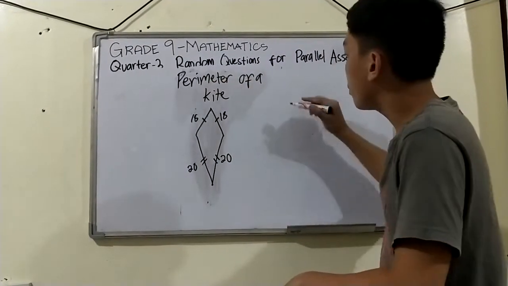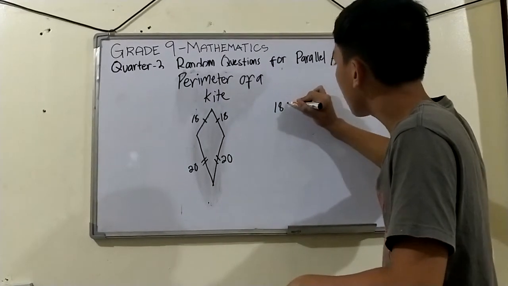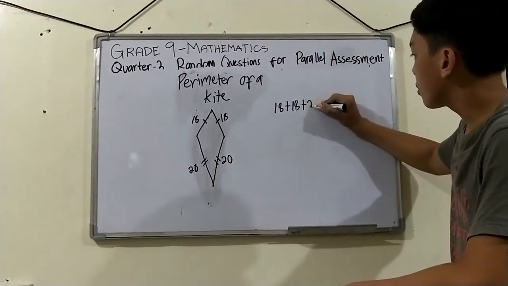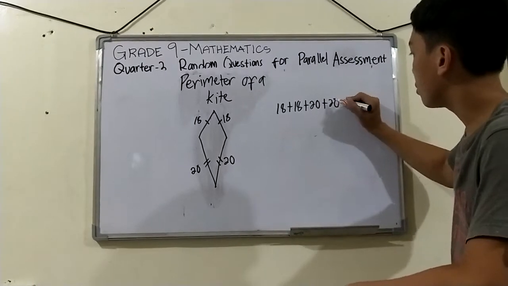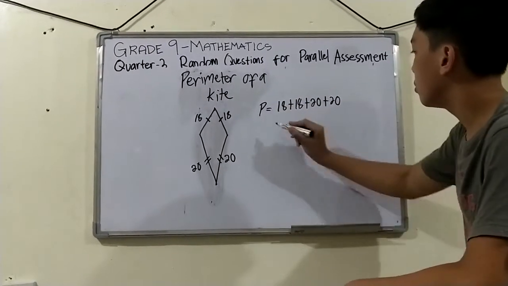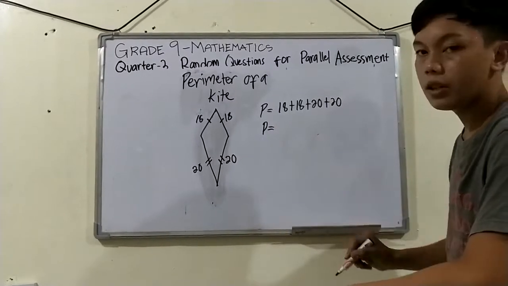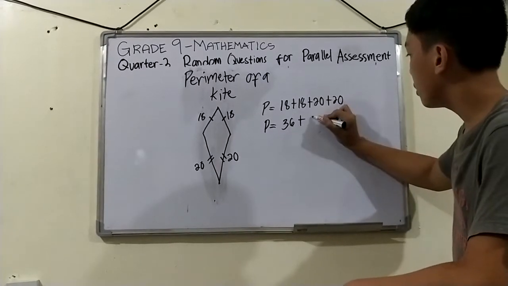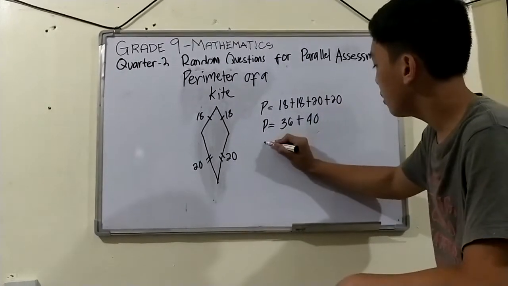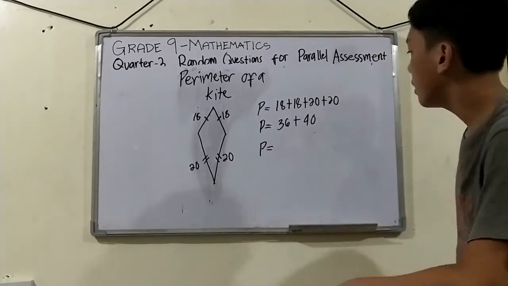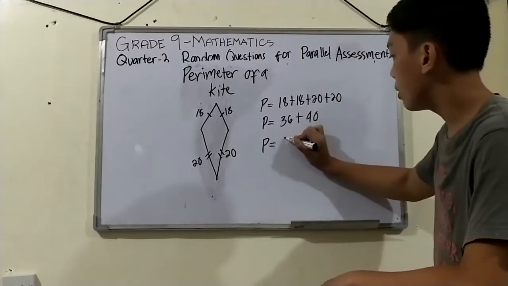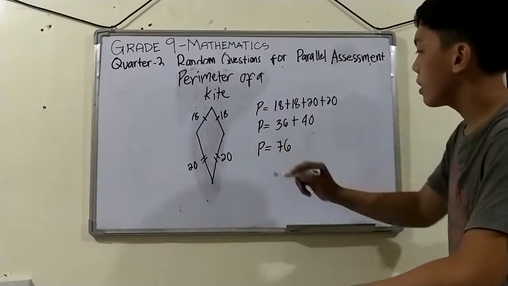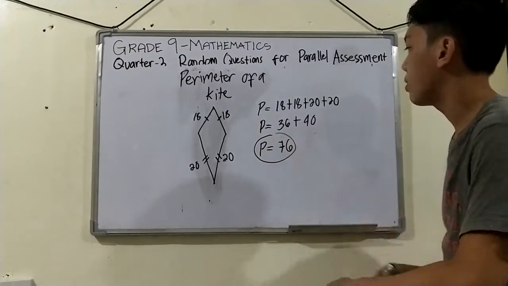So because we're asked the perimeter of a kite, we need to add all the sides: 18 plus 18 plus 20 plus 20. P is equal to 18 plus 18 is equal to 36 plus 20 plus 20 is equal to 40. Okay. So 36 plus 40 is equal to 76. So the perimeter of this kite is equal to 76.